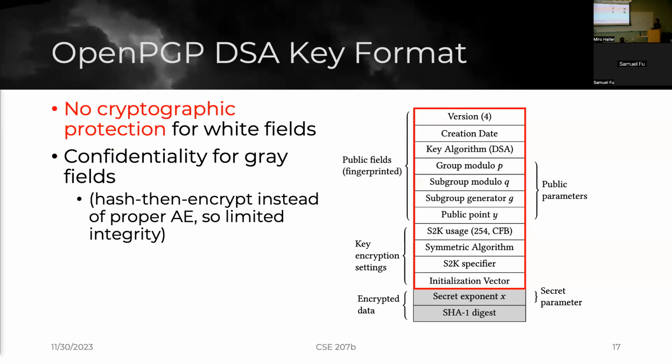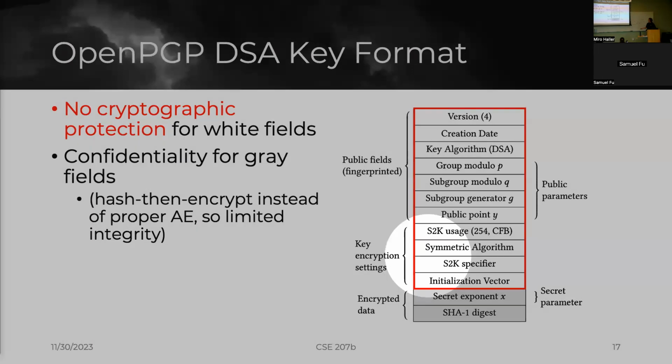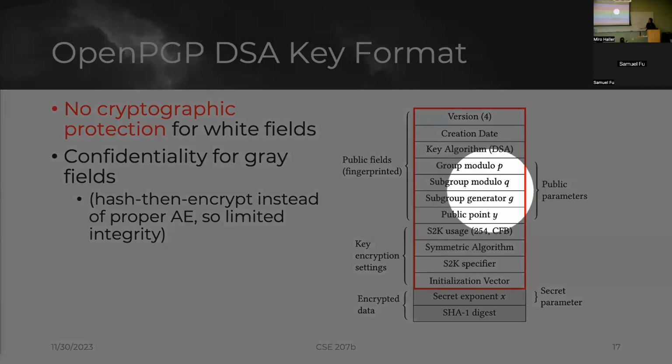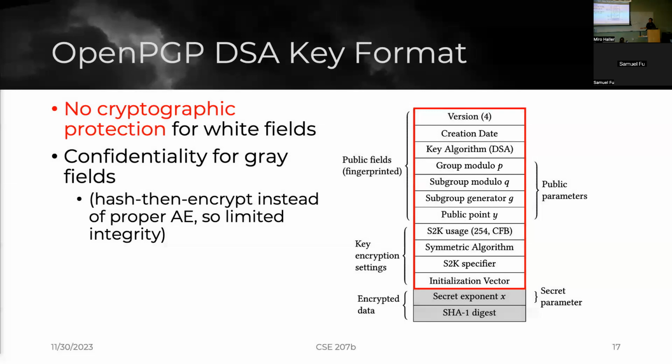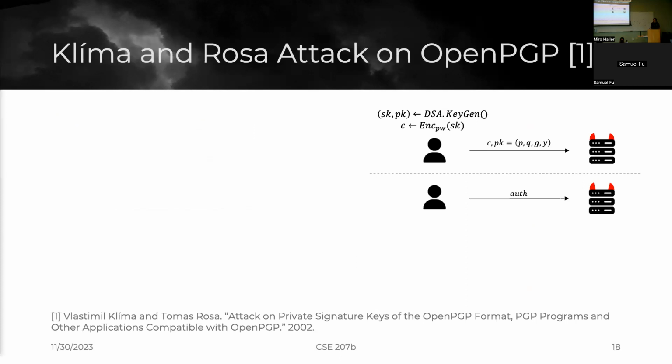So one problem if you don't protect the integrity of the white fields is that we have things like the modulo P, Q, and the generator G in this unprotected stuff. So the adversary can overwrite these things, and there is no integrity check that will fail, because those are just not protected. And since we are doing key overwriting attacks, we're definitely going to overwrite stuff there.